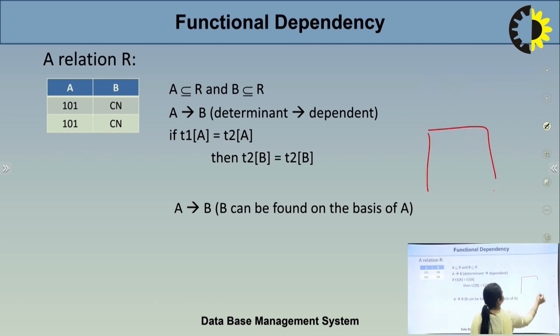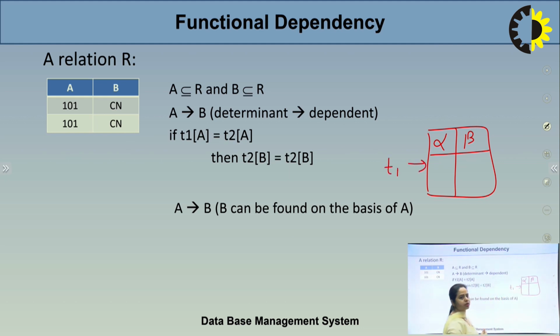Suppose we have a table and we have alpha here and we have beta here. This is tuple T1, rows are known as tuples, and this is tuple T2.